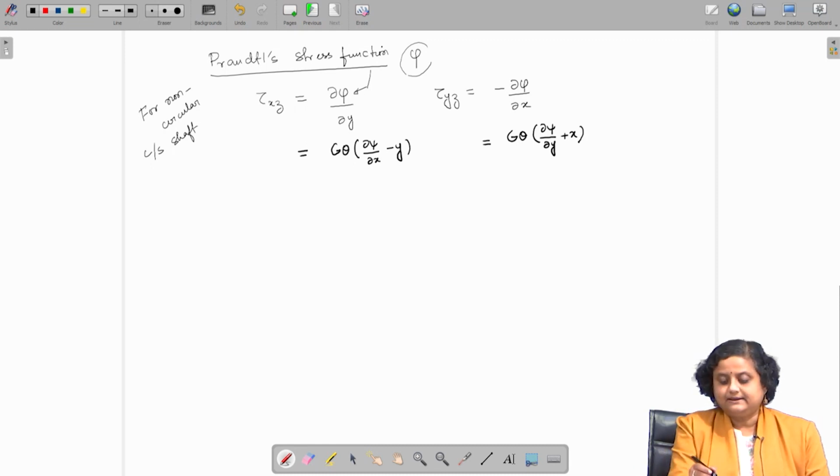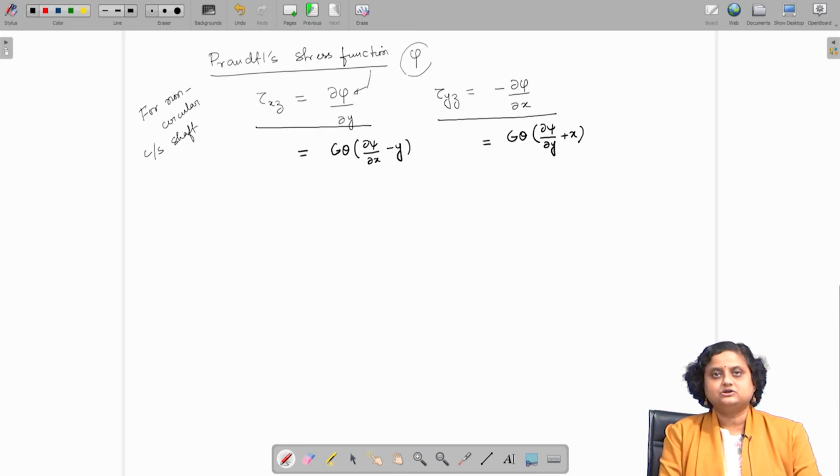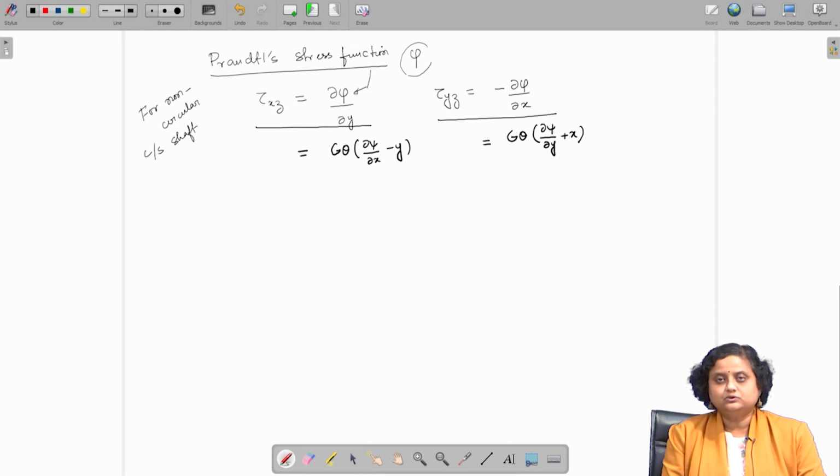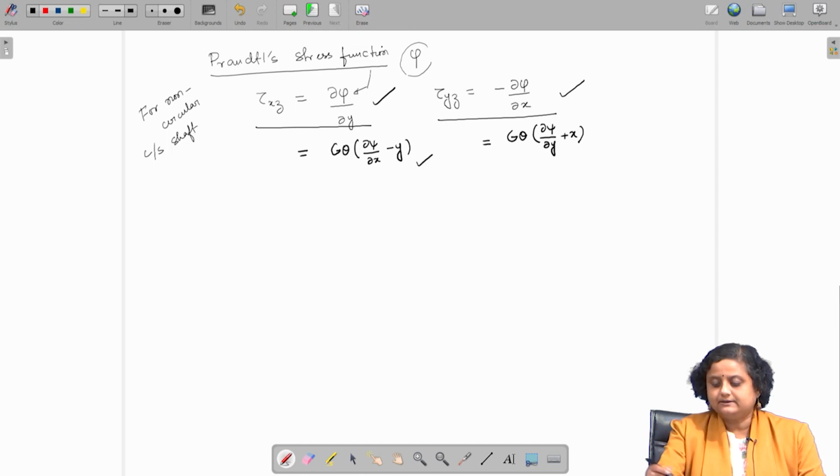Now, let us see whether this consideration satisfies the equilibrium condition. Do the stress functions written in this form, the Prandtl stress function, satisfy the equilibrium condition? This we have already seen that they satisfy the equilibrium condition.